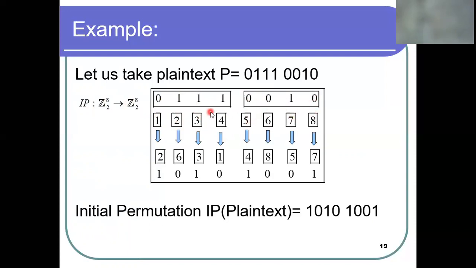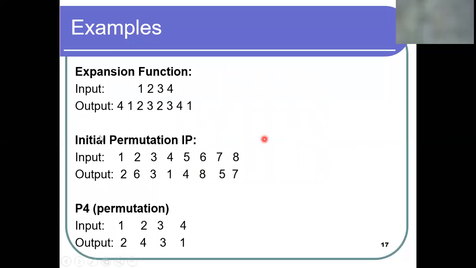If you can see on slide number 17, in the initial permutation, the second position is mapped on first position, and sixth position is mapped on second position, and third remains on third, and then first is mapped on fourth position.